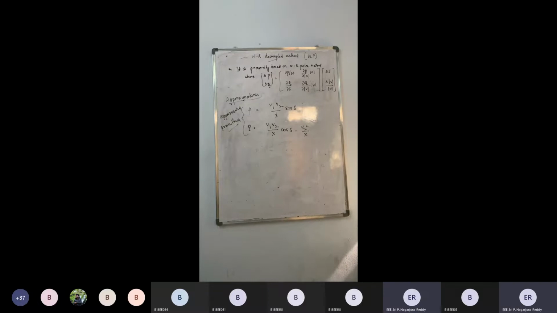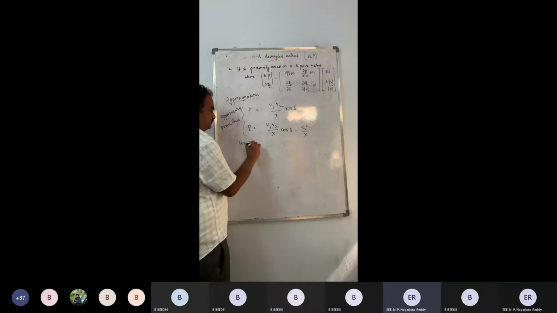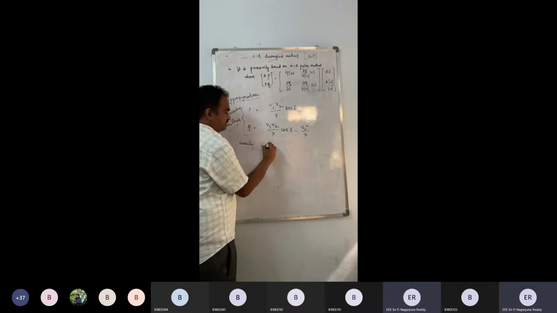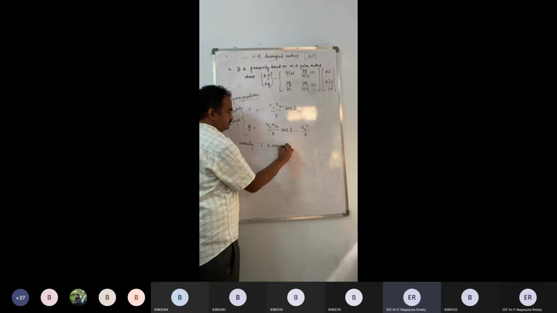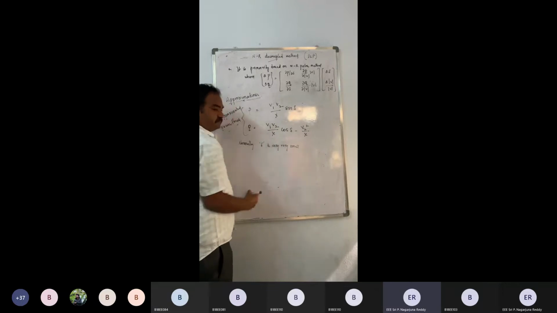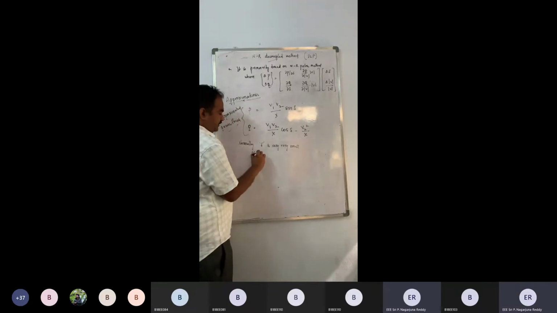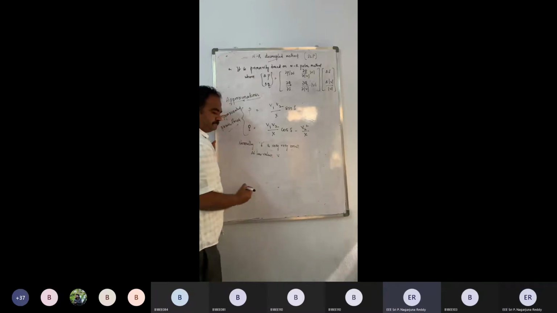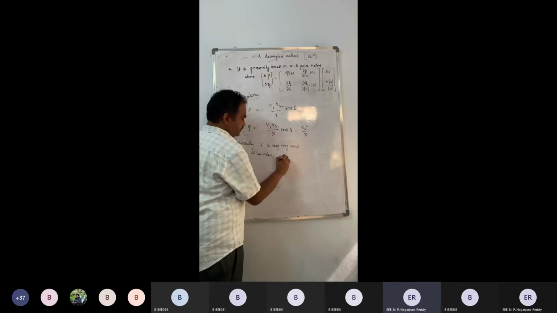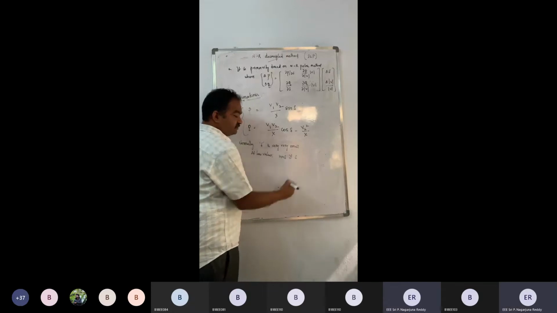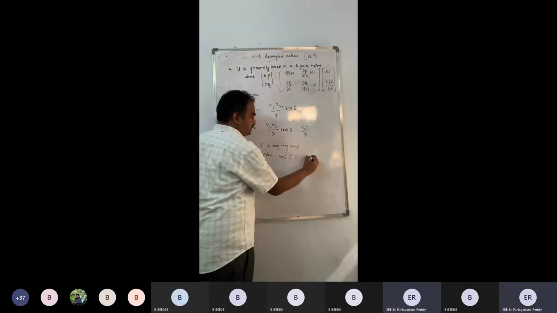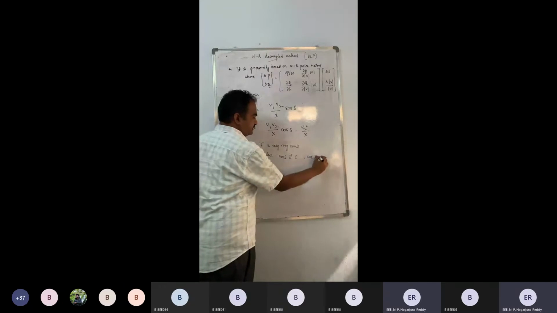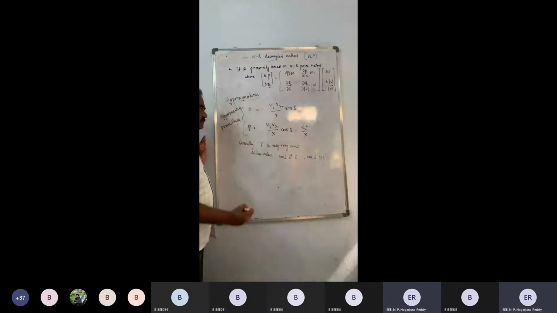Now, if you carefully see, normally delta value is very, very small. So at low values, you know that sin delta can be treated as approximately equal to delta, whereas cos delta is treated as approximately 1.